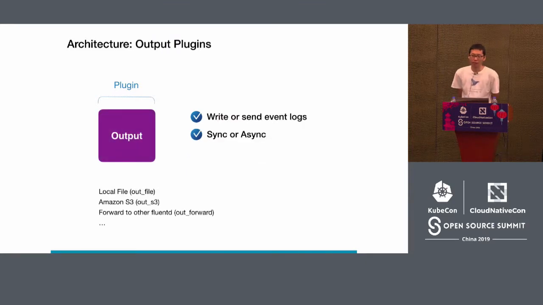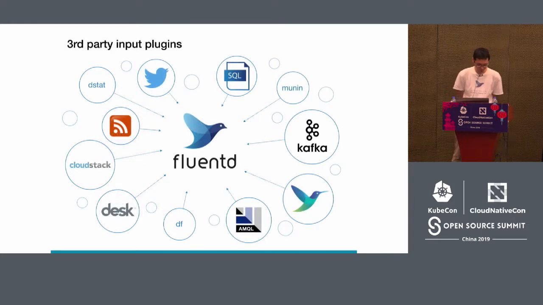The output plugin is very simple because buffer plugins manage the data streams and how to manage the data chunks. The output plugin simply writes data to the destination, such as MongoDB, Hadoop, or other cloud services. This is a real example of the input plugin.